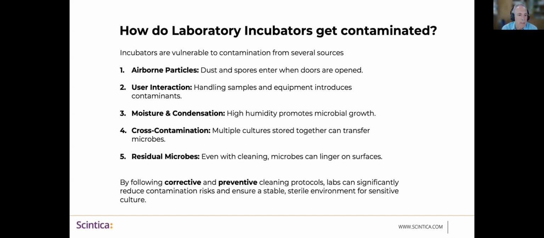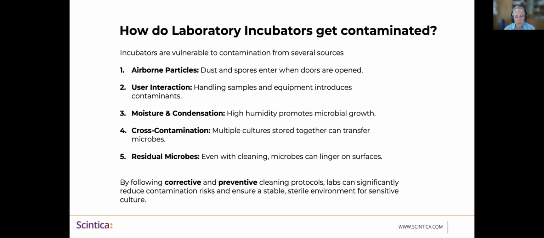Handling samples, you must use aseptic technique, and a lot of contaminations are caused by a breakdown in aseptic technique. Moisture is the environment that we attempt to achieve in the incubators, but it will provide the ideal environment for organisms to colonize and grow.